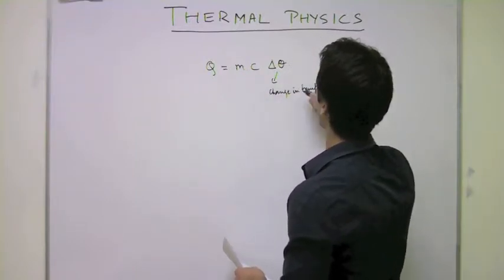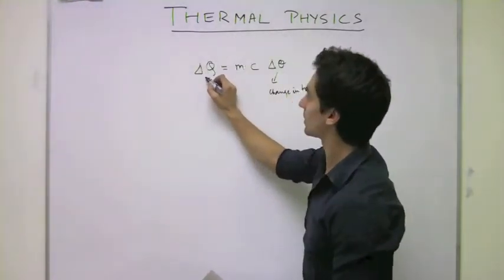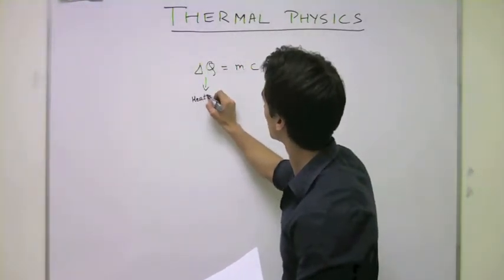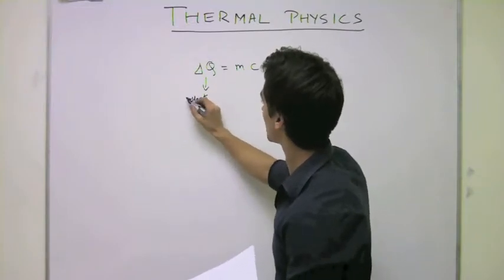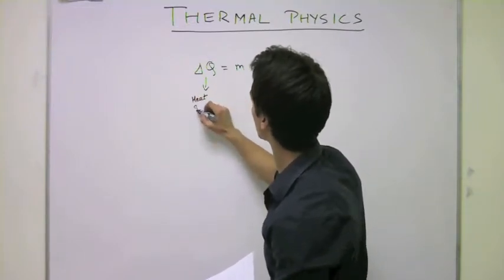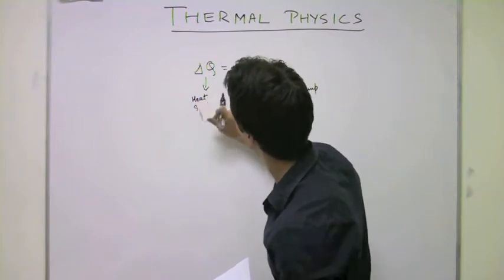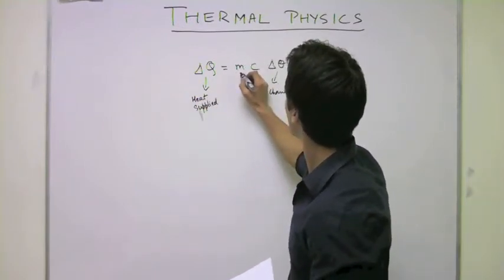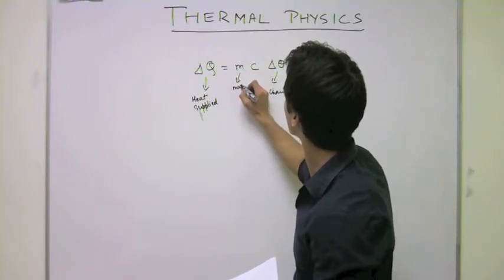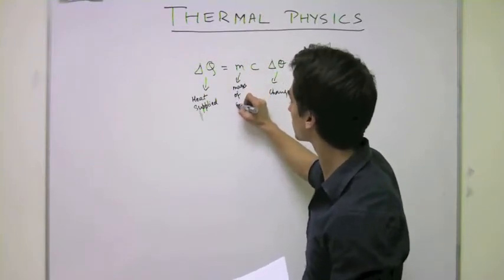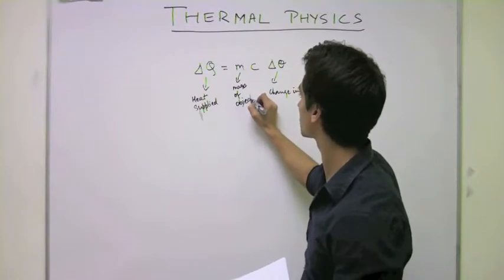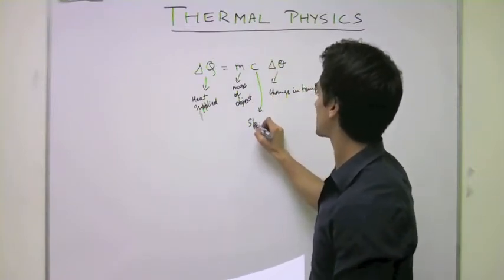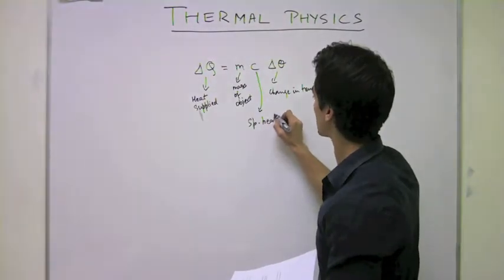Q is the heat supplied or removed, or the change in heat. m is the mass of the object or substance, and c therefore is the specific heat capacity.